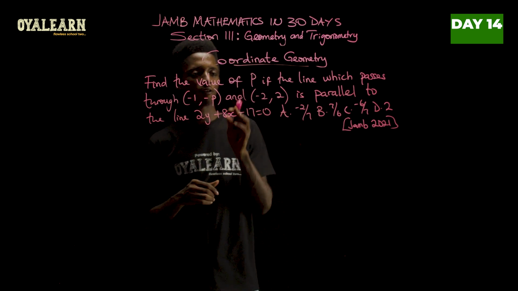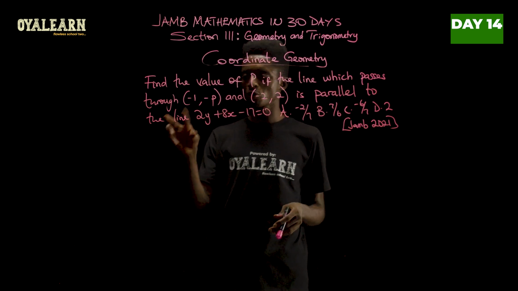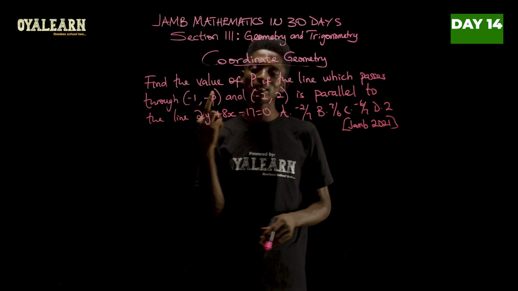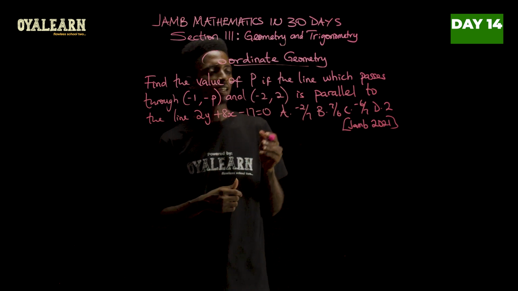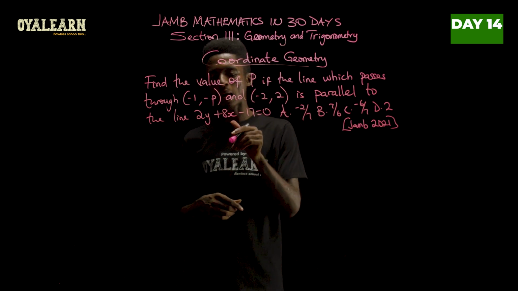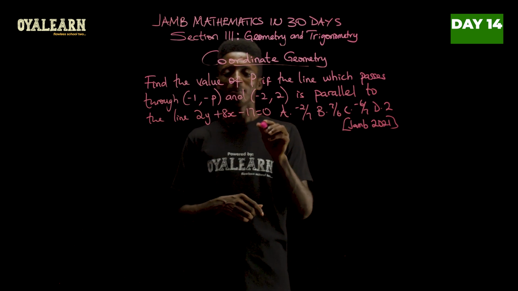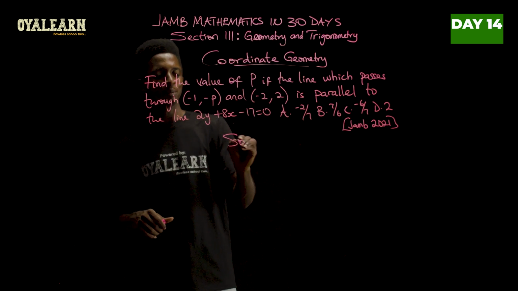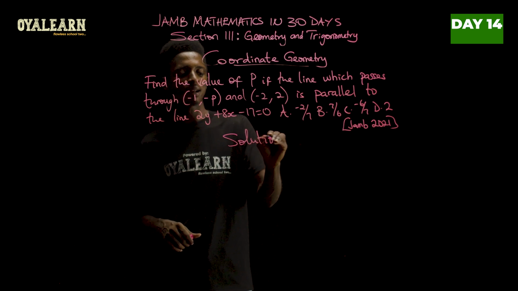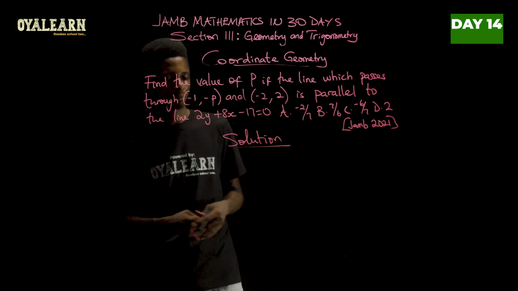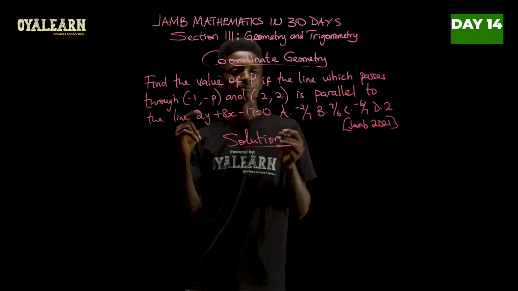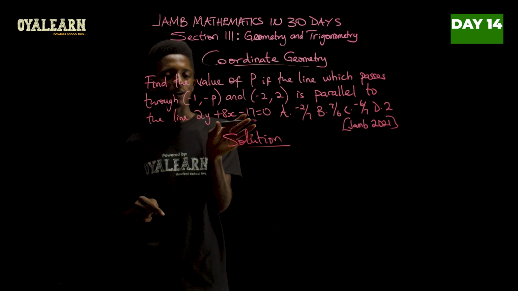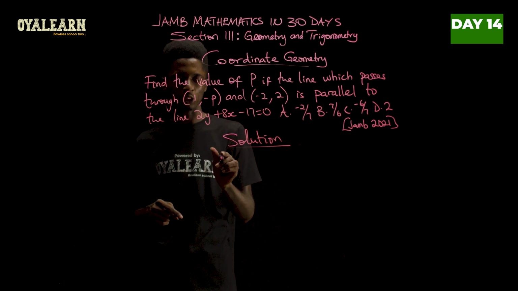Find the value of P if the line which passes through the coordinates minus 1, minus P and minus 2, 2 is parallel to the line 2y plus 8x minus 17 equals 0. Now, one of the things we have established is that when two lines are parallel, they have the same slope. So, what we're going to do is to find the slope of this equation.